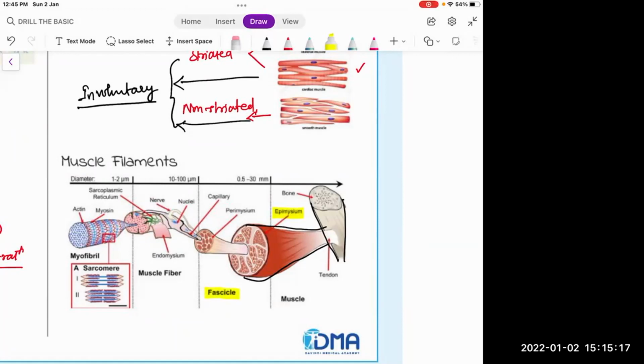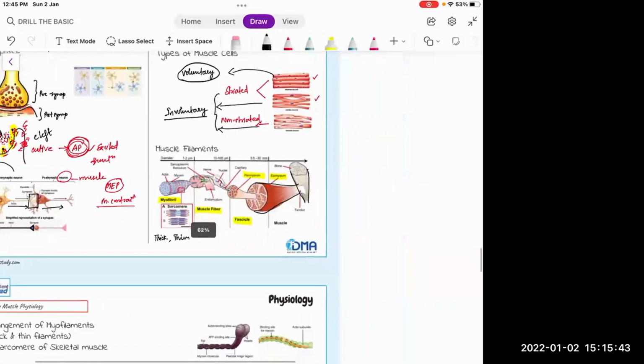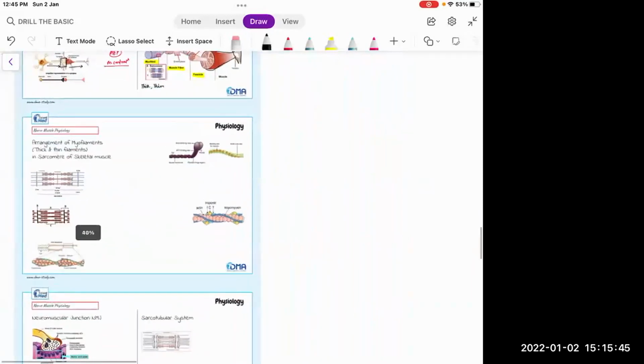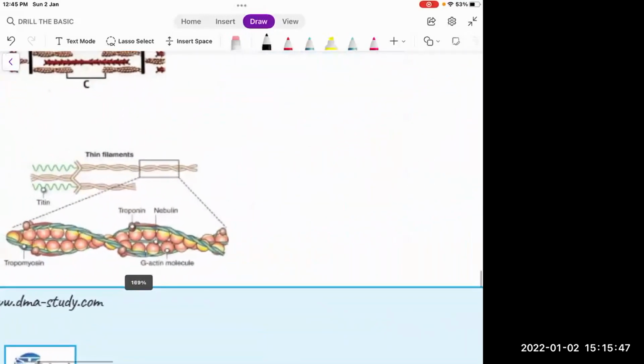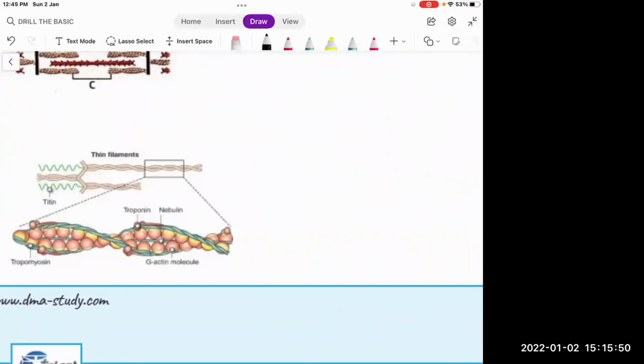Each fascicle is covered by perimysium and contains multiple muscle fibers. These contain myofibrils, which are made up of muscle filaments, that is, thick and thin filaments. These play a major role in the muscle contraction process.